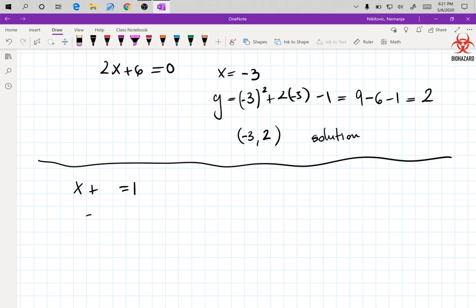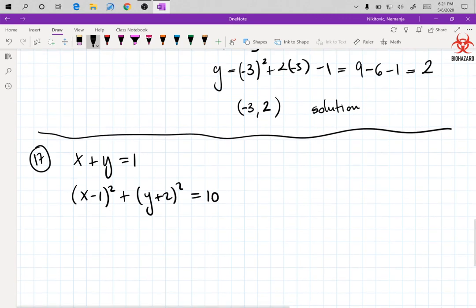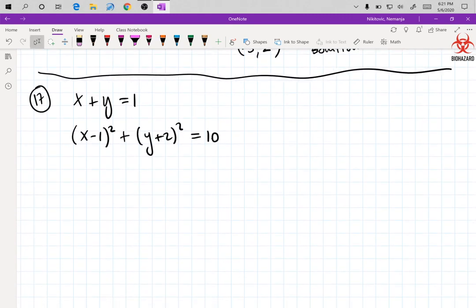Alright, so next problem is problem 17. Here are the two equations.